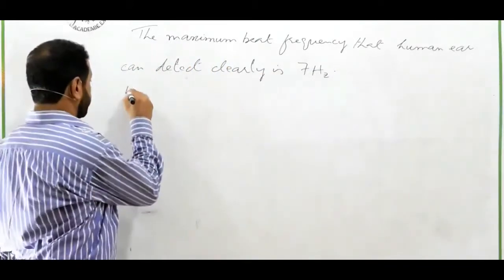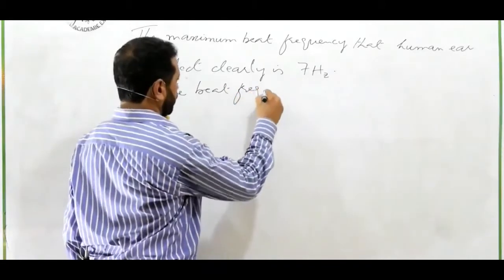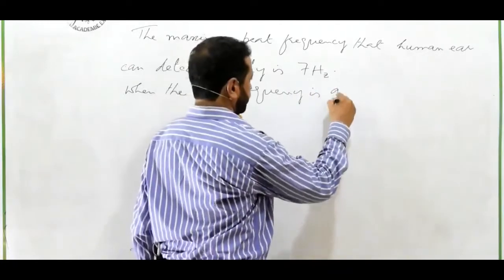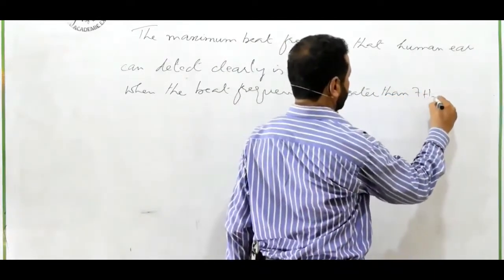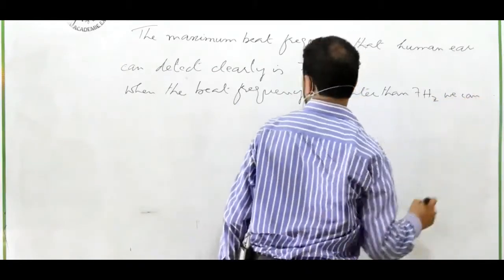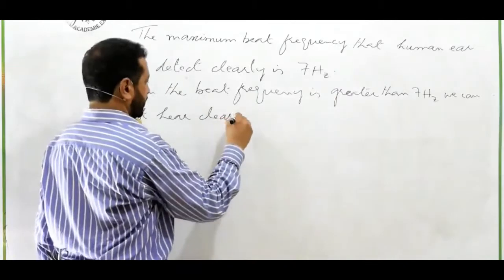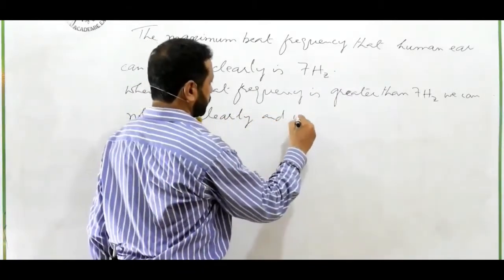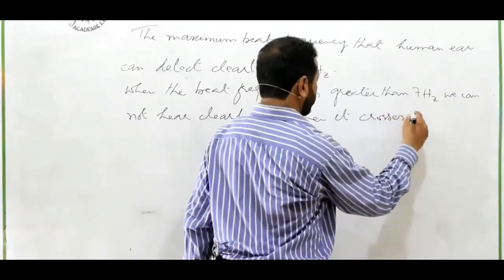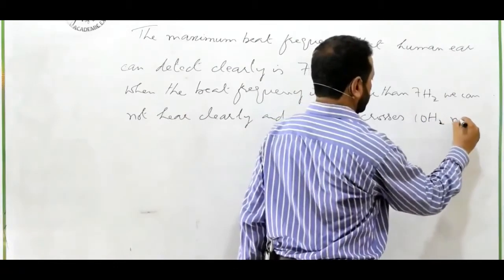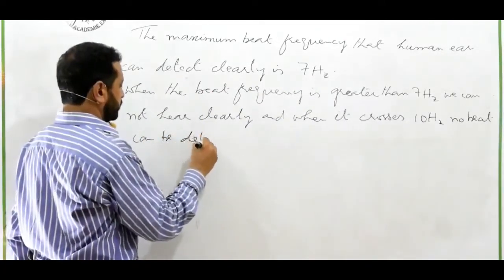When the beat frequency is greater than 7 hertz, we cannot hear clearly, and when it crosses 10 hertz, no beat can be detected.